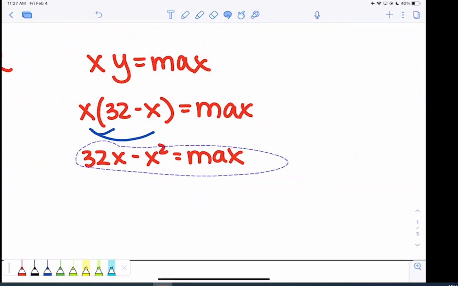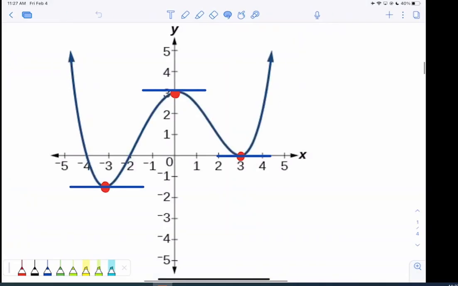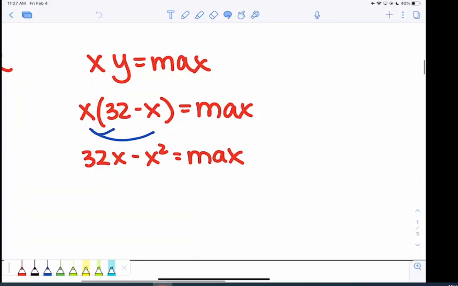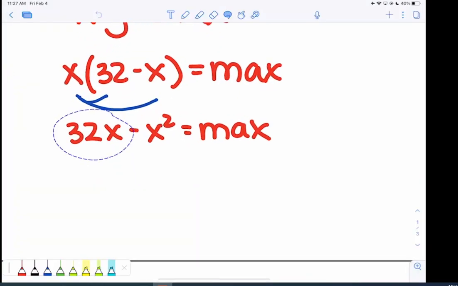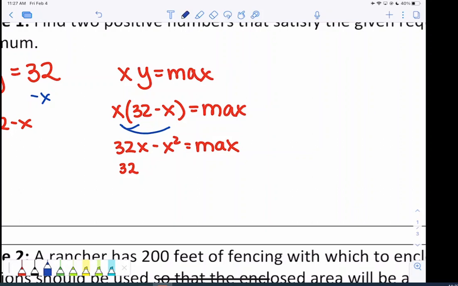If I want to find that maximum point, I can take my derivative and set my derivative equal to 0. Because when I do that, it will give me these special maximum and minimum points. So let's go ahead and do that. The derivative of 32x is 32. I'm going to write derivative here so that we know what's going on.